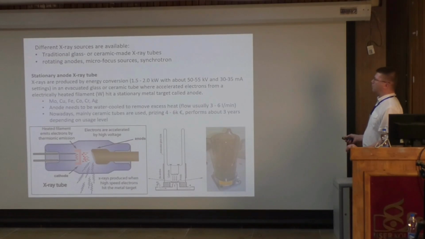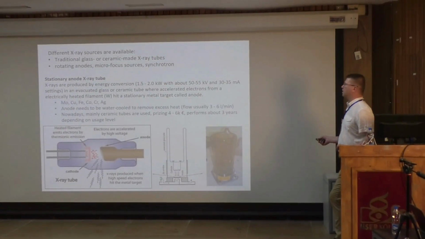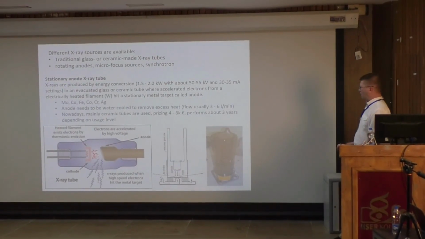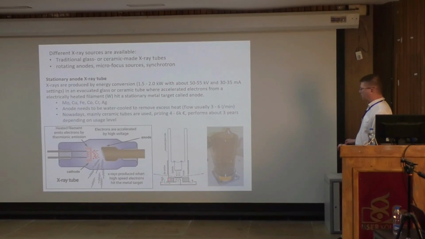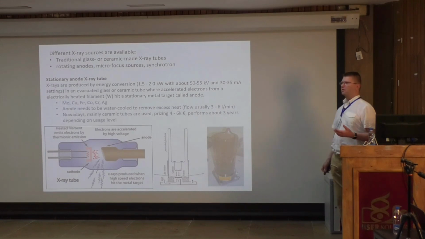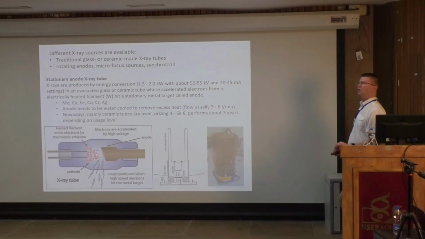This is called the stationary anode X-ray tube, and normally the power here is around 2 kilowatts. For that reason, you can see there is water cooling here. This part will melt more or less immediately if you don't cool it down, so you need water circulation cooling, and it's quite a lot. 2 kilowatts, so 2,000 watts in a very small compact space will heat a lot.